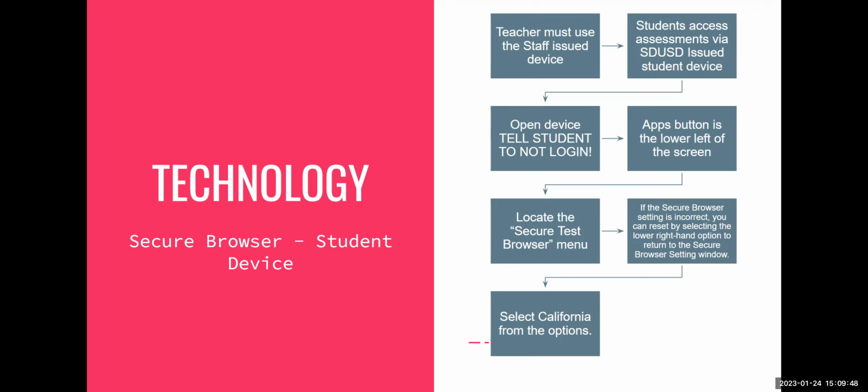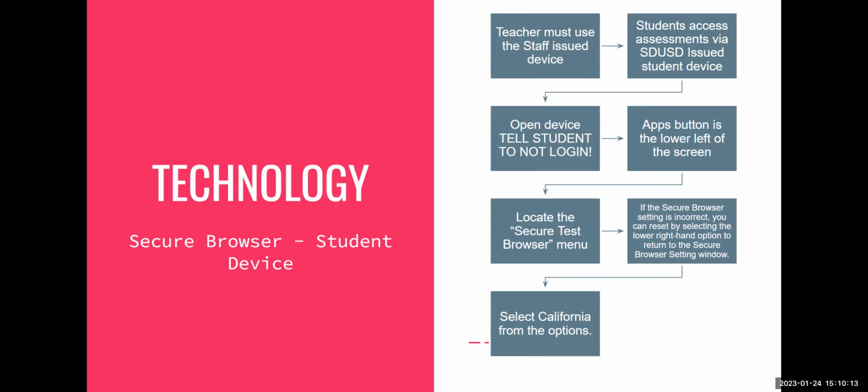In the drop-down, you want to select the state of California. If for some reason your student is quick or just makes a mistake and they pick Arizona, you can look on that screen in the bottom right-hand side. It's going to say return to the secure browser setting window. This will allow you again to select California from the drop-down, and that will fix any of those little problems.